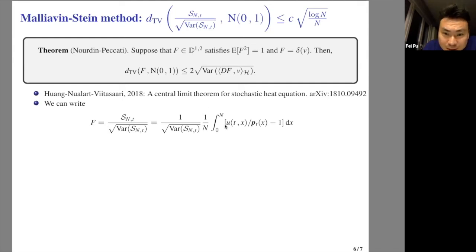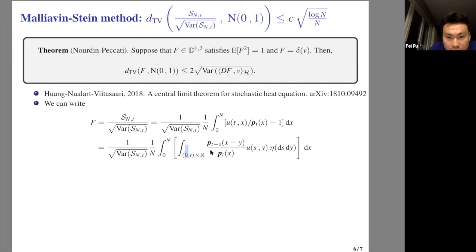But now for this spatial integral, with the integrand u(t,x) over p_t(x) minus 1, we can write it as the following integral. This is in fact equal to this stochastic integral. Here we only use the mild form of the solution to get this equality. The solution to the parabolic Anderson model satisfies the stochastic integral equation, and we use that equation to derive that this integral is equal to the stochastic integral.